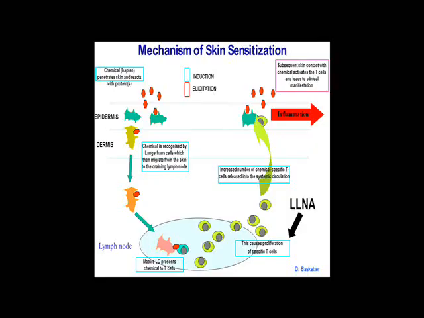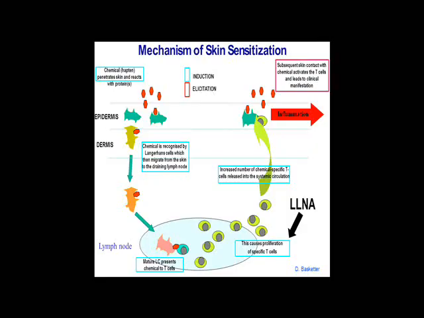That chemical can then be recognized by the Langerhans cells, which are the dendritic cells of the skin, and those Langerhans cells will then migrate from the skin into the draining lymph node. These mature Langerhans cells will then present this chemical to the T cells, causing a proliferation of specific T cells. This leads to an increased number of chemical-specific T cells being released back into the systemic circulation.